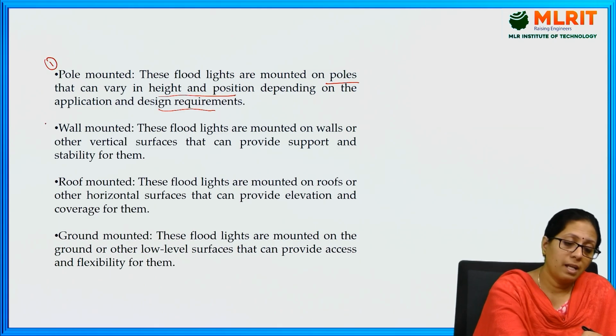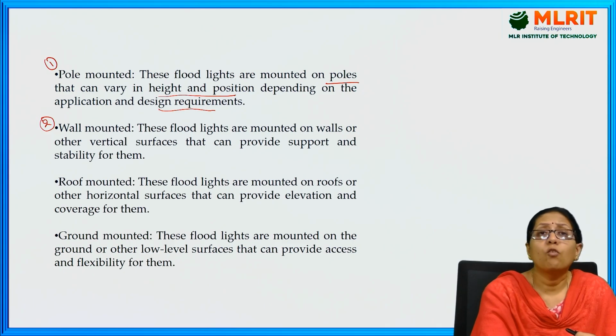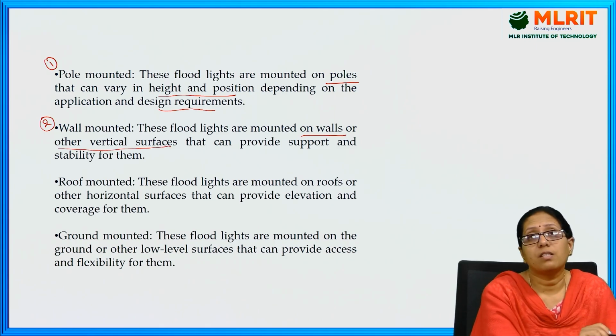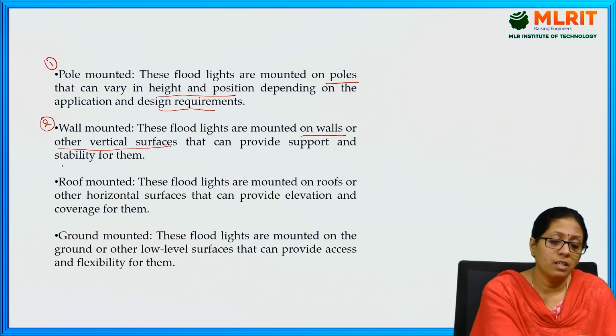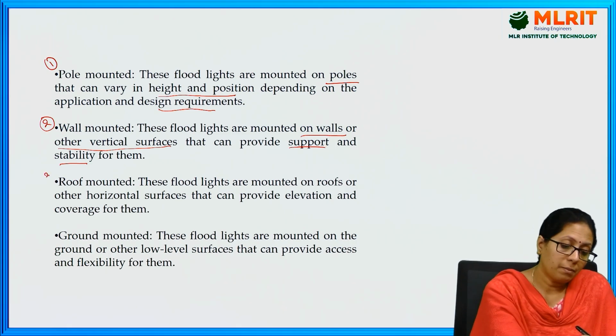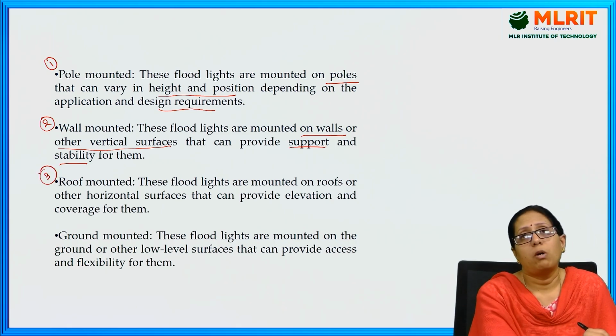The second type is wall mounted. These floodlights are mounted on walls or other vertical surfaces that can provide support as well as stability for them. The third type is roof mounted.